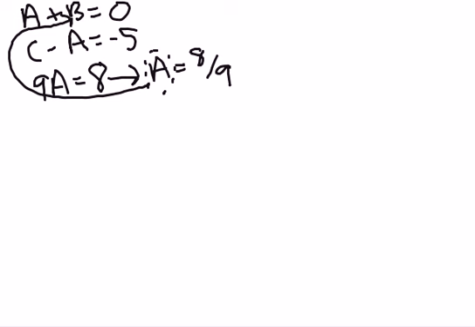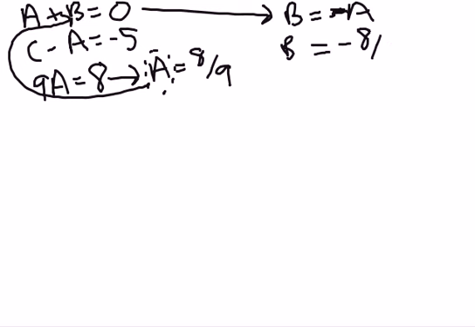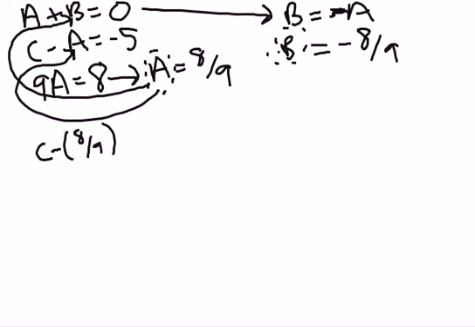So if a is 8 over 9, this tells me that b is -a by subtracting a from both sides, where a is 8 over 9. So b is going to be -8 over 9. Okay, and then I can also take a and put it into this a. So I don't want to draw too many lines, but I'm going to take c minus a, where a is 8 over 9, okay, equals -5.